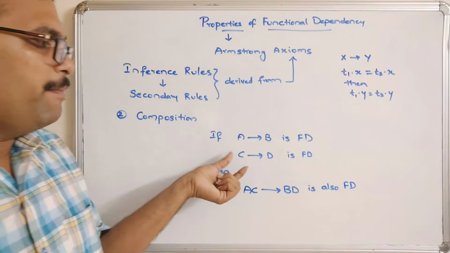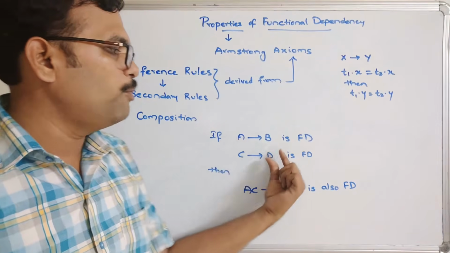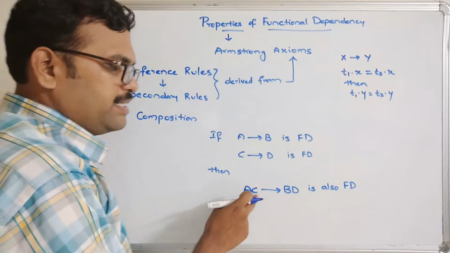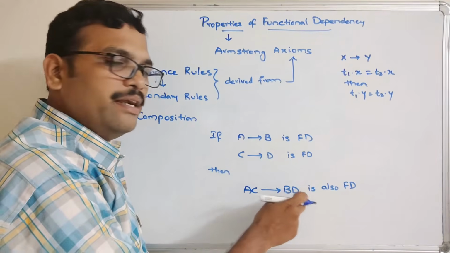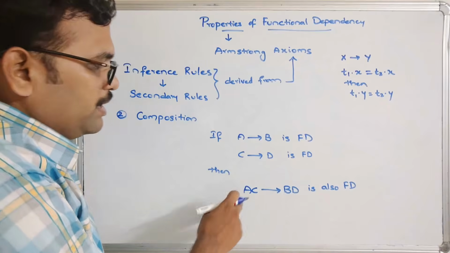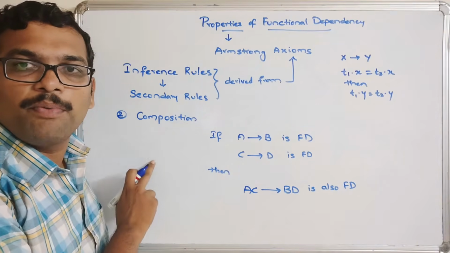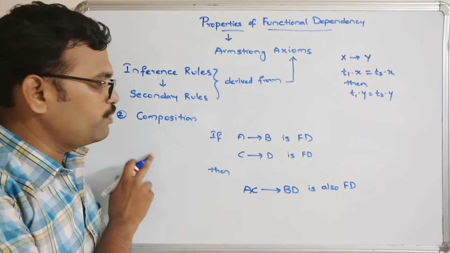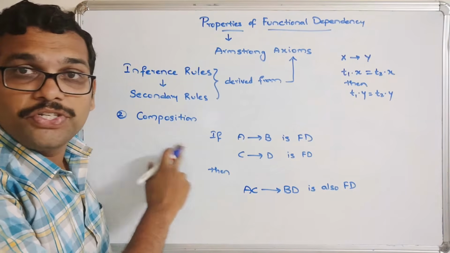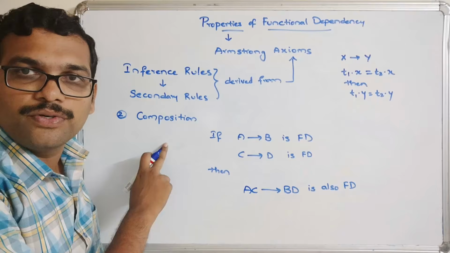If you know A and C, we can get the values B and D. This type of property or rule we call composition. Hope you understood this one.